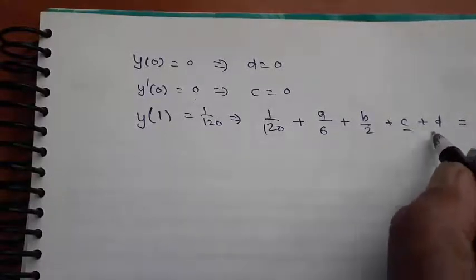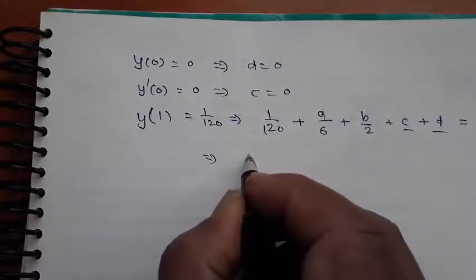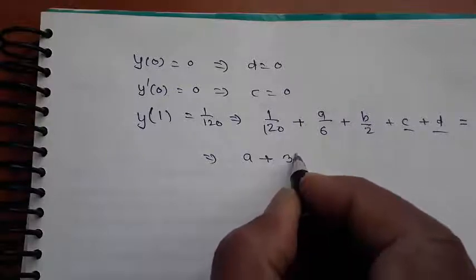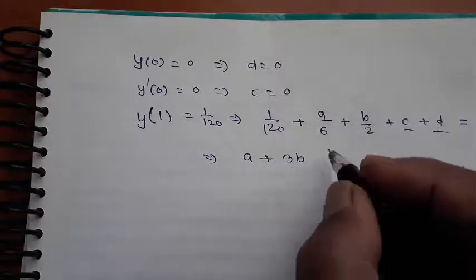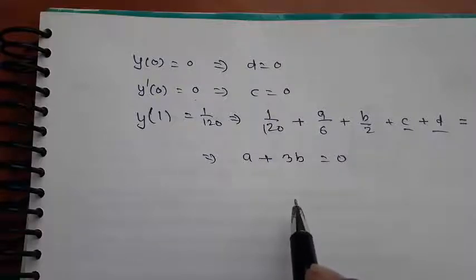But c is 0 and d is 0. This implies a plus 3b equal to 0. Cancelling some terms and simplifying, we get a plus 3b equal to 0.